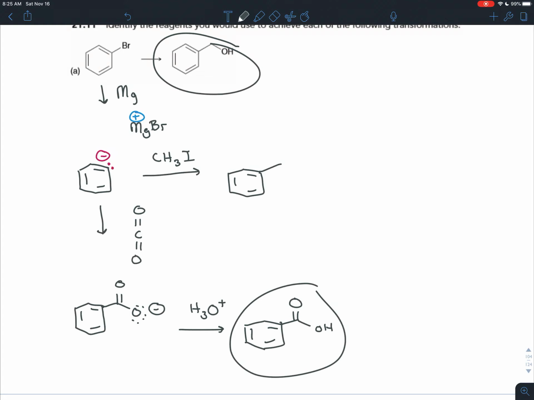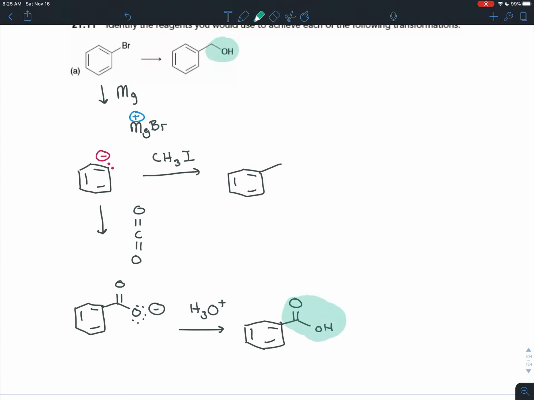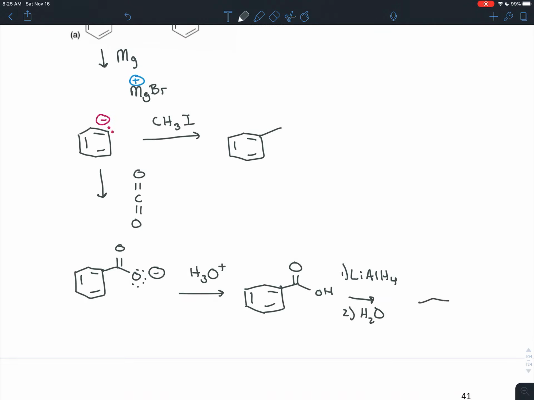And if we want to get from benzoic acid to this alcohol, we notice that what we have are fewer bonds to oxygen. Here we have 3, here we only have 1. So we want to do the opposite of an oxidation. We would want to do a reduction. So we could use a strong reducing agent, like lithium aluminum hydride, and follow that up with a water wash to do the proton transfer that takes the negative charge away from an oxygen.